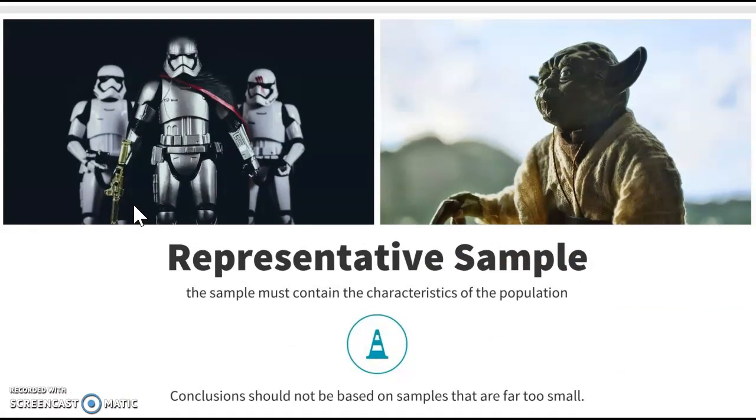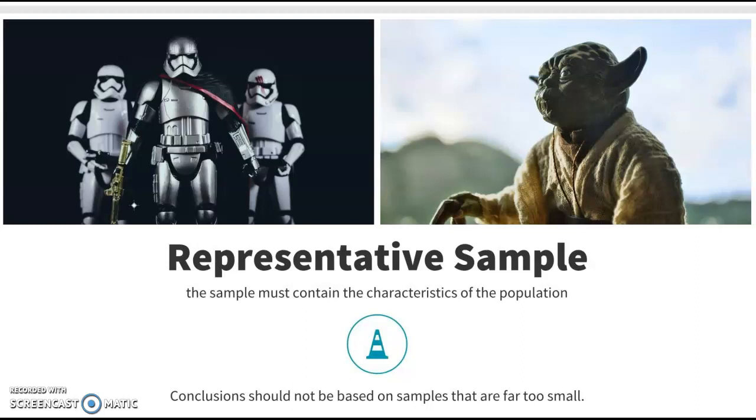So you want the same characteristics in your population and in your sample. If you miss out on one characteristic in your sample, but that characteristic is in your population, well then your sample is not going to represent your population. And remember, the sample is the only thing that we're looking at, and we're applying what we know from our sample back to our population.